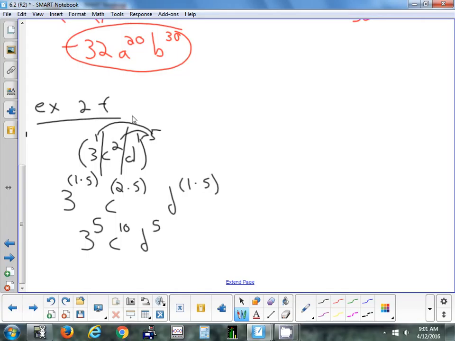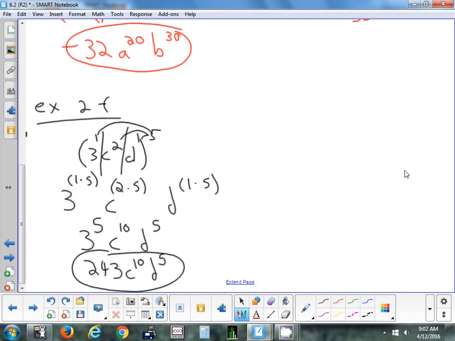I have to do one more thing. What do I have to simplify? 3 to the 5th. If I have a number to a power, I can simplify that. I can't simplify a variable to a power. There's nothing more I can do. What did you guys get when you did that? 243, C to the 10th, D to the 5th.